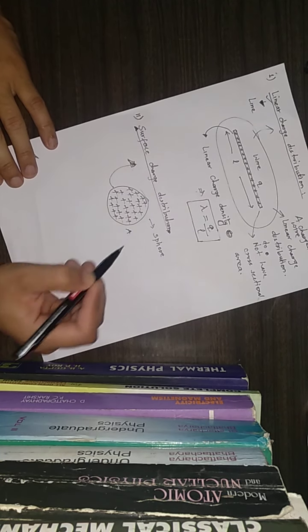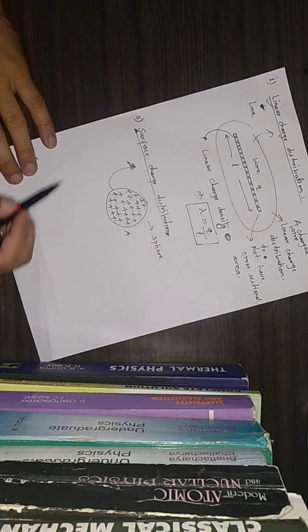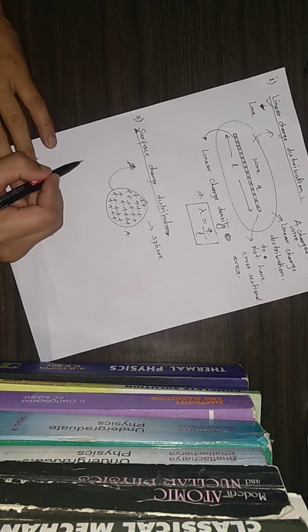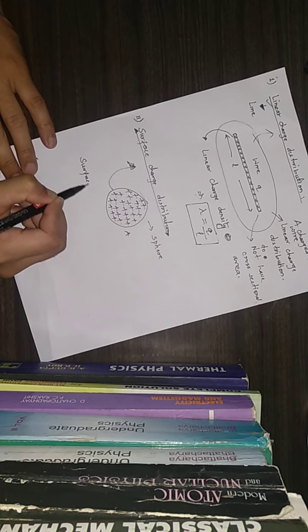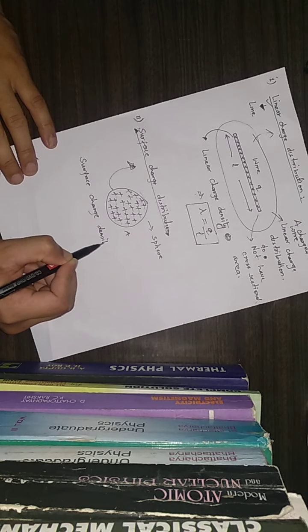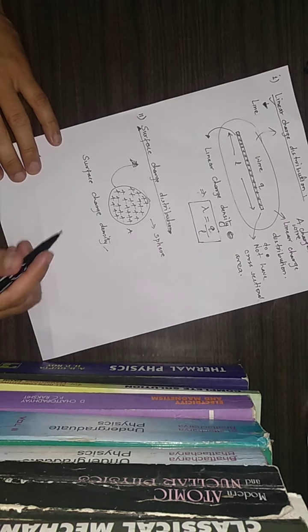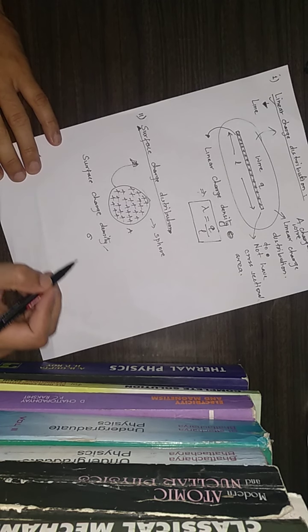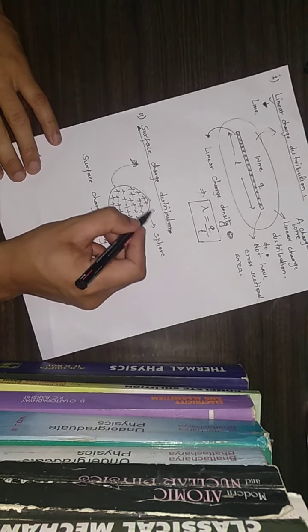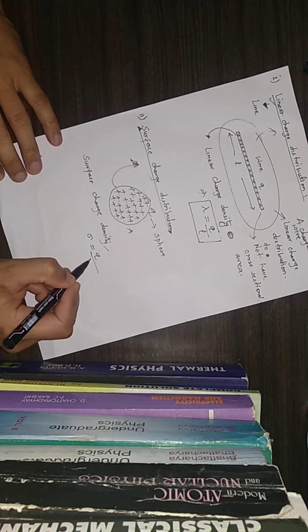Suppose A is the surface area of this sphere, then we can define the surface charge density of this sphere or surface, and that is denoted by sigma. So sigma will be, if Q is the total charge contained on this sphere, Q divided by the area of the sphere.